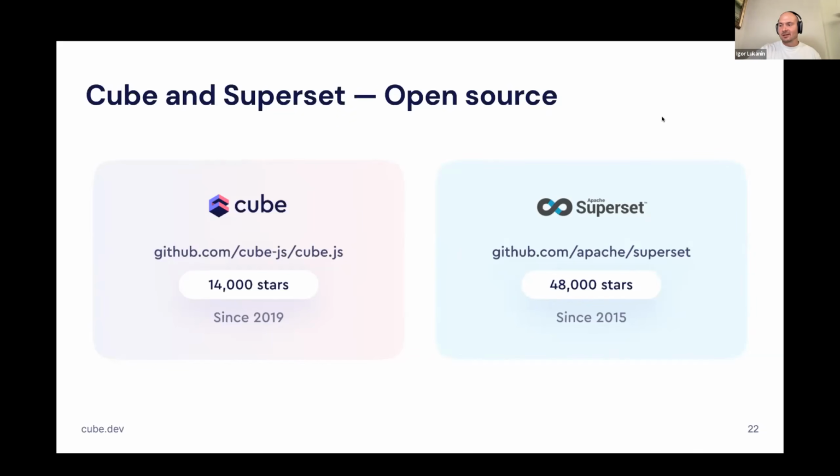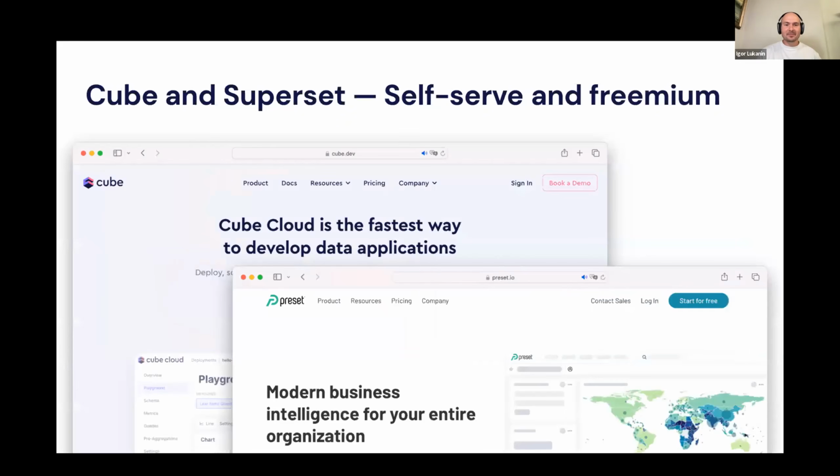So being open source, these tools ensure that you have less vendor lock-in, that you can get the changes that you want in the products from the community, and that happens all the time. So feel free to check the GitHub repositories and see how active the communities are, and how features are added to both products.